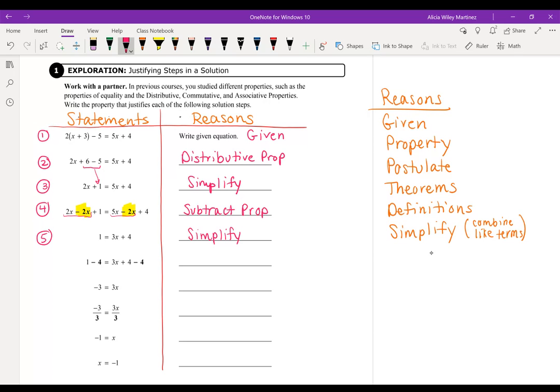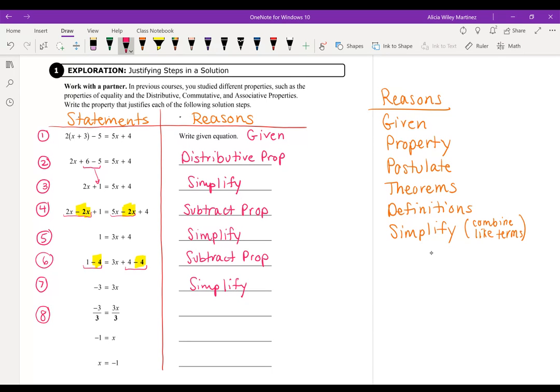Okay. In step 6, they went ahead and subtracted 4 on both sides. So that again is the subtraction property. It is possible in one proof to use a property multiple times. Step 7, not really a property, but all they've done right here and right here is simplify to see what they need to do next.